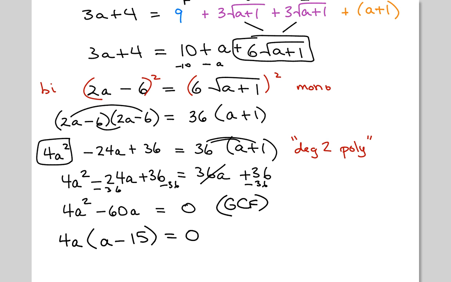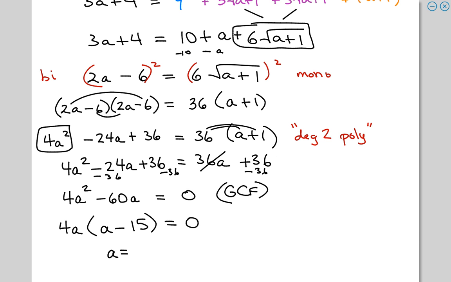Now solving this, for sure a is 15, and do you remember what happens when you have this one? Daoud remembers. Anybody else remember? This is that zero product law, remember? Zero product law. If you look back, I think it's lesson 5. When you have a monomial with a variable, a is 0.